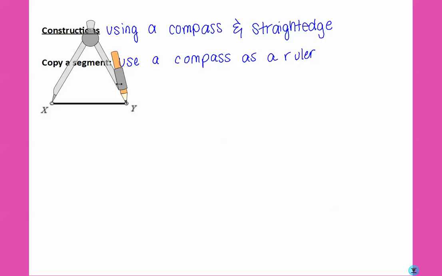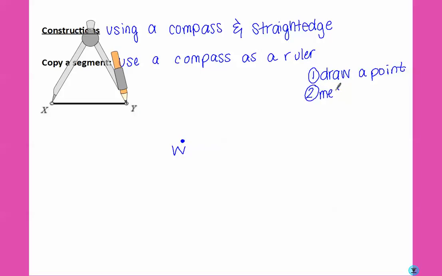So before we can start drawing our copied segment, we need to draw a point. I'm going to draw the point over here, and I'm going to make it point W. So the first step, draw a point. Then we'll set up our compass to measure the length of our segment.